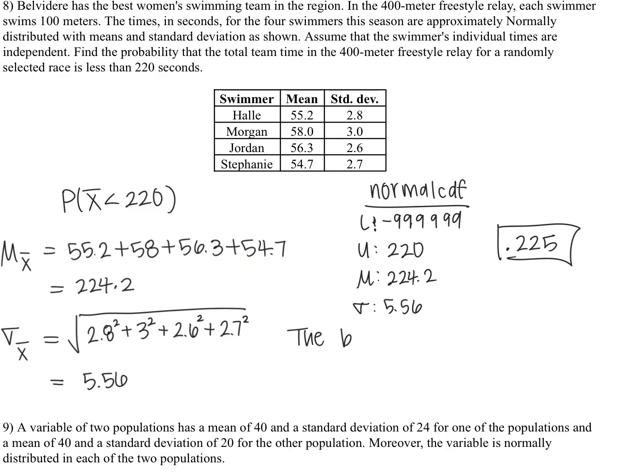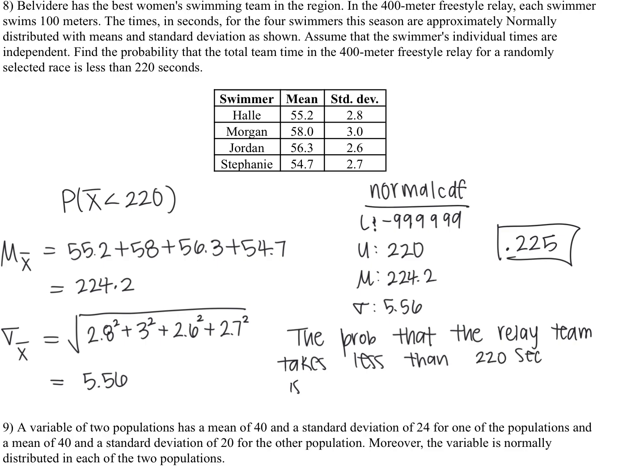So the probability that the relay team takes less than 220 seconds is 0.225. It's a pretty decent probability, considering most of the time our probabilities are 0.0 something. So 0.225 is pretty decent.